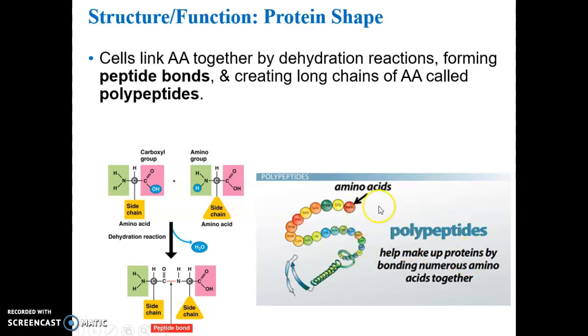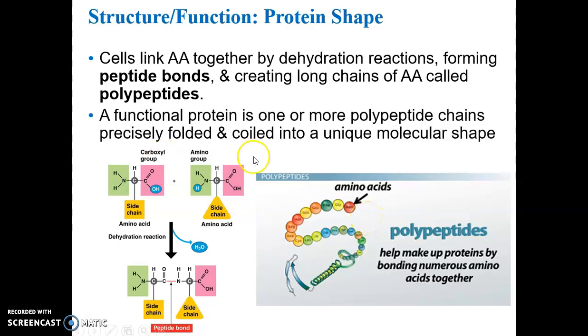And some proteins get exported out of the cell. A functional protein has at least one polypeptide chain that eventually forms a unique, specific structure, usually a globular structure, and that structure will allow the protein to do its specific function.